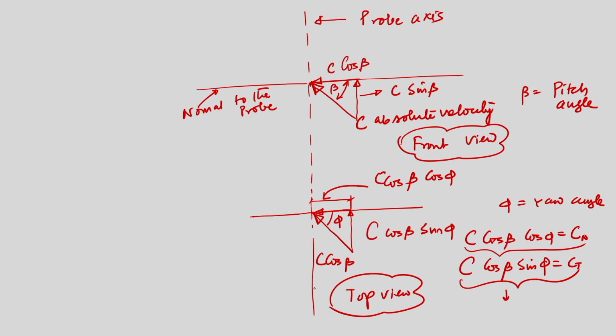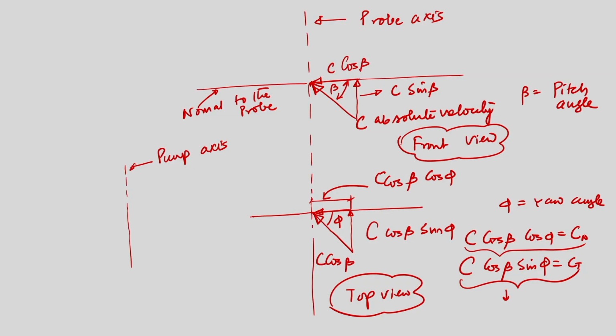Now, say this is the pump axis. This probe is used to measure the static pressure, stagnation pressure, as well as the velocity components for a centrifugal pump. We are placing the probe to measure the static pressure, stagnation pressure, and the velocity components.